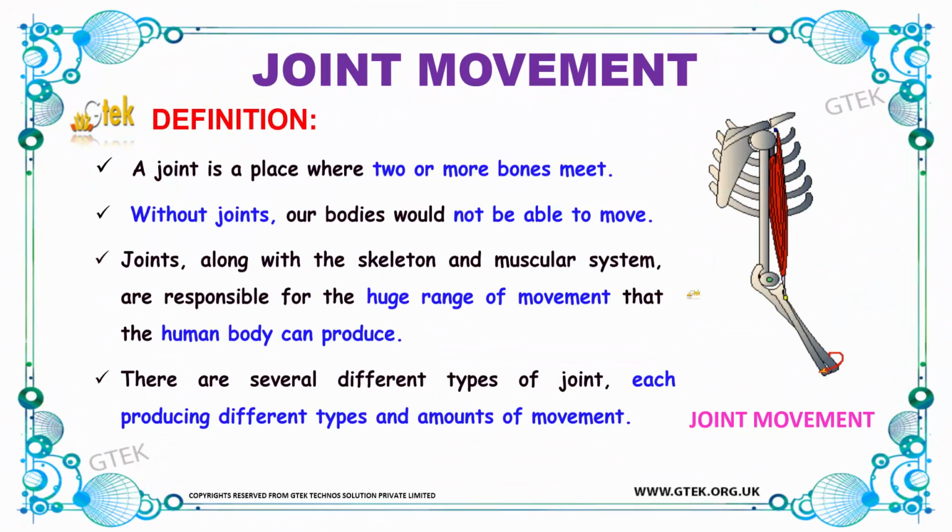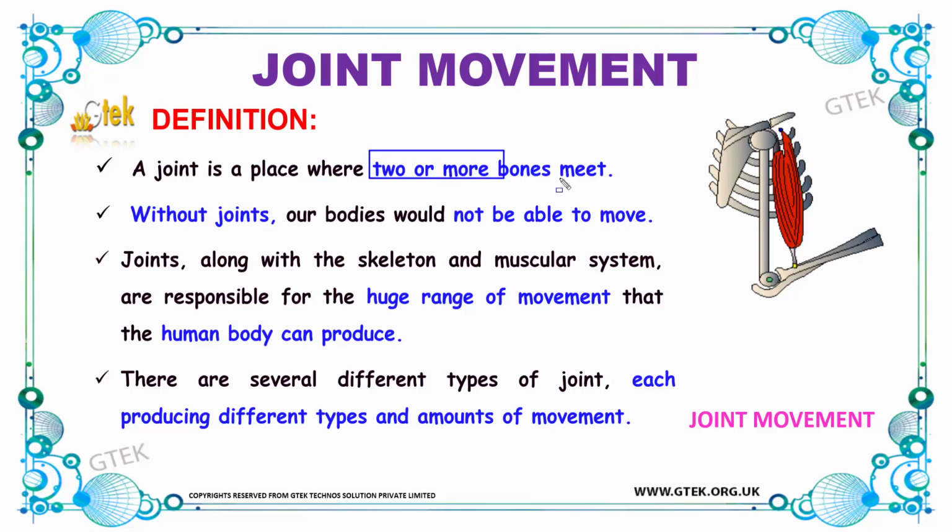What is joint movement? A joint is a place where two or more bones meet. Without joints, our bodies would not be able to move.